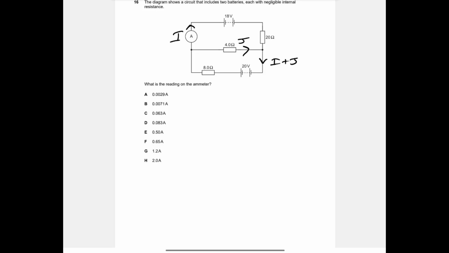Okay, let's do the first loop that we're going to take the voltage law around. Starting from there, going all the way around and back. So that's going to be minus 18 volts, because if we were to go this way, we'd gain plus 18 volts, but since we're going the opposite way, we'll lose 18 volts.